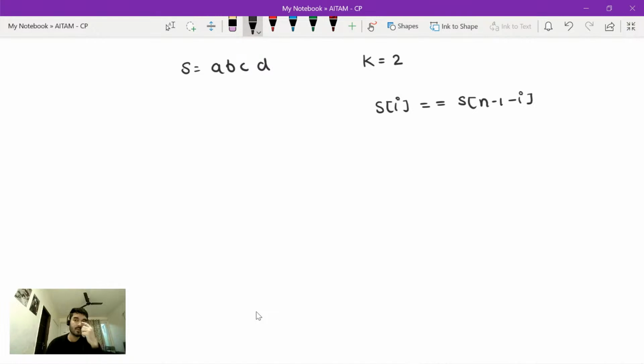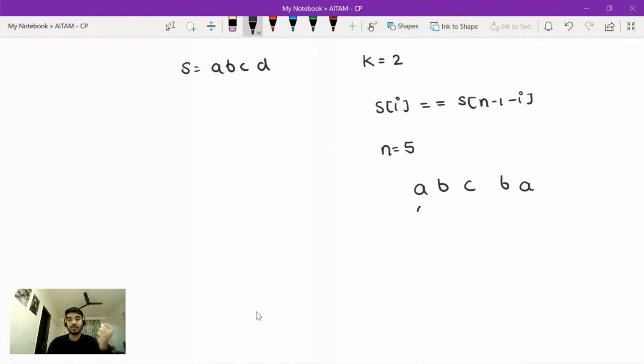Let me draw an example here. Let's say the value of n is 5. That simply means we must have 5 characters. So A, then let's say B, and B, and here let's say we have C. So this is a palindromic string.